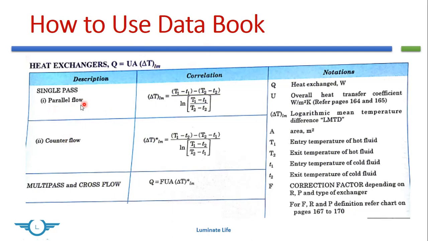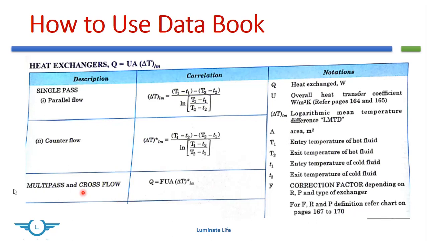So for parallel flow it is given like this. For counterflow it is given as this equation. What these terms mean, you can find out from the right hand notations column. So capital T1 represents the entry temperature of the hot fluid, T2 the exit temperature. All these designations are also given in the right hand column of notations.